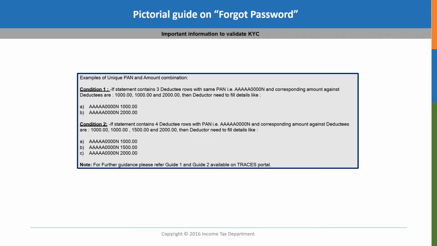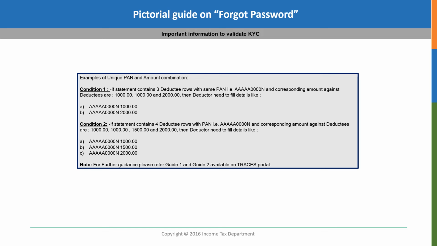In the next row he'll write the same PAN and 2000.00. Now the amount 1000, as you can see, is deducted 2 times, but you fill it only once because the PAN and amount 1000 combination won't be unique again, as it has already been filled once. That's why you are filling that PAN and the amount 1000 only once, okay?